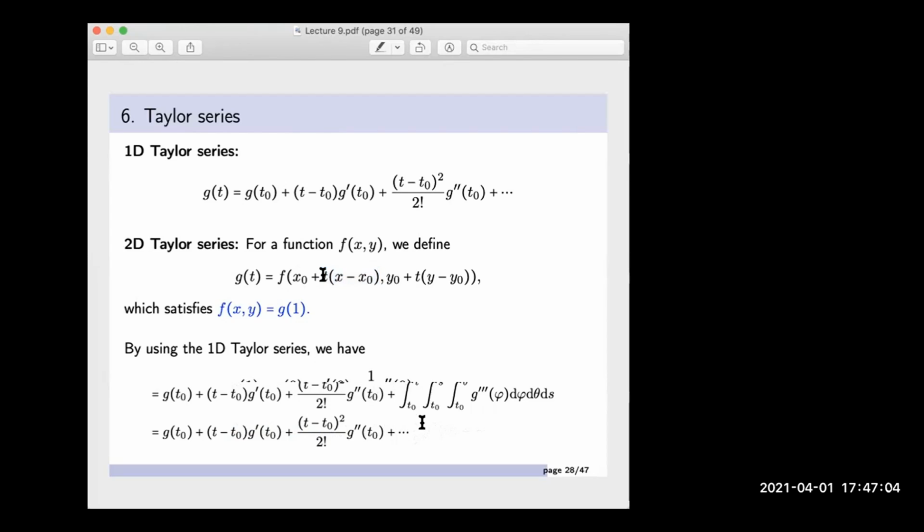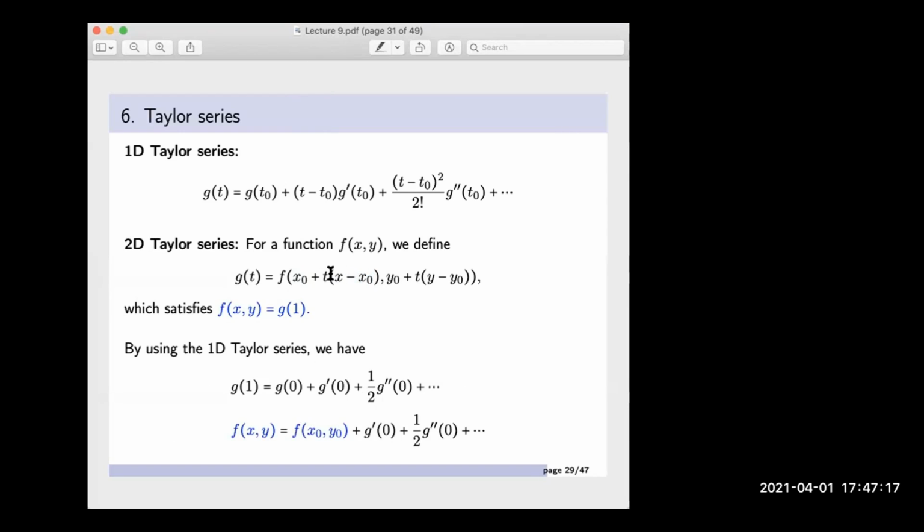And if t equals 1, you get x minus x0 plus x0. So it equals x. So the x0 cancels the second x0. You get x. So when t equals 1, you get x and y. So f of xy simply equals g of 1.